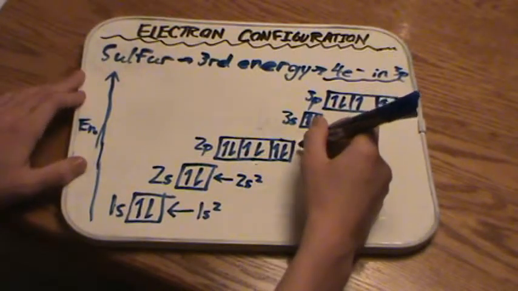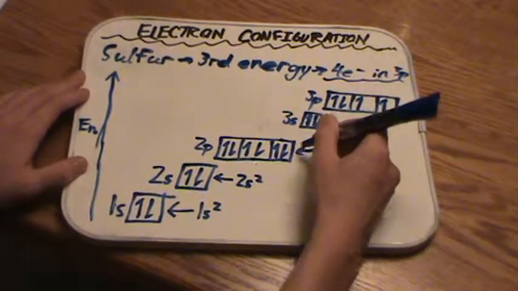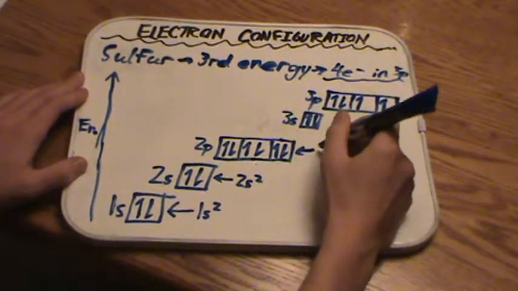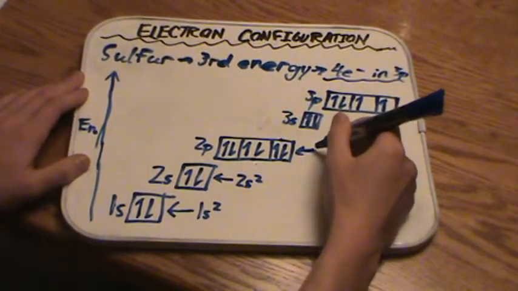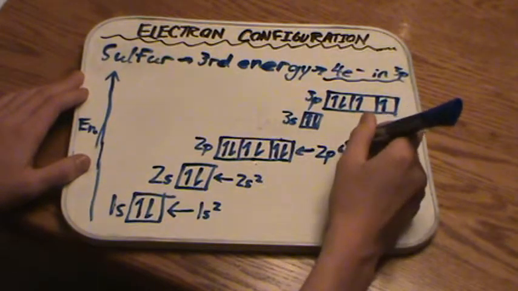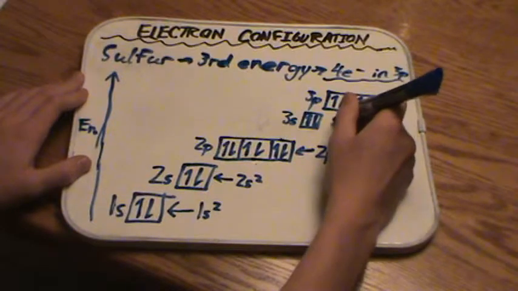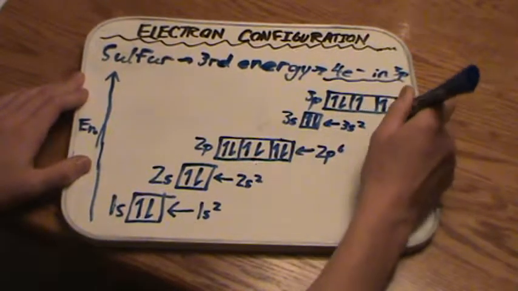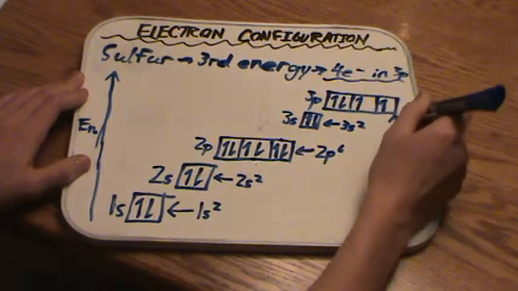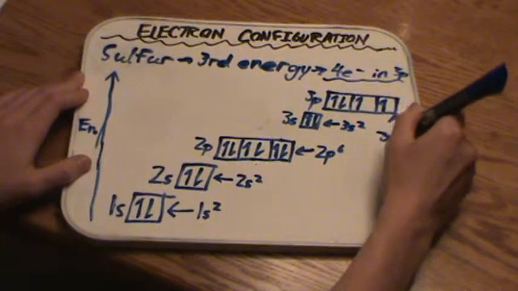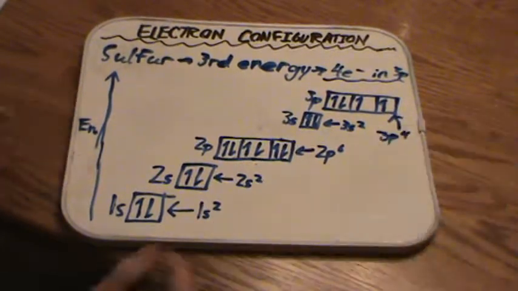Okay, the third set of sublevels here, the 2p sublevel, has 6 electrons on it. It is filled, so it is 2p6. And now 3s, which is very predictable, 3s2, and finally this last 3p sublevel is 3p4, because there are 4 electrons in it.